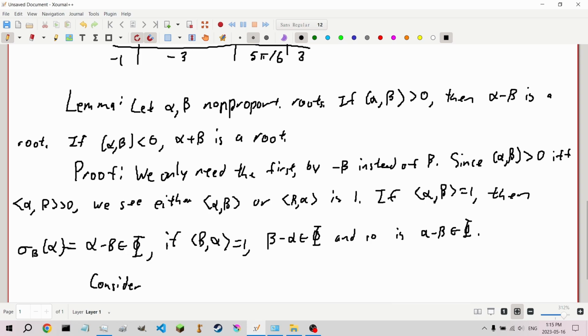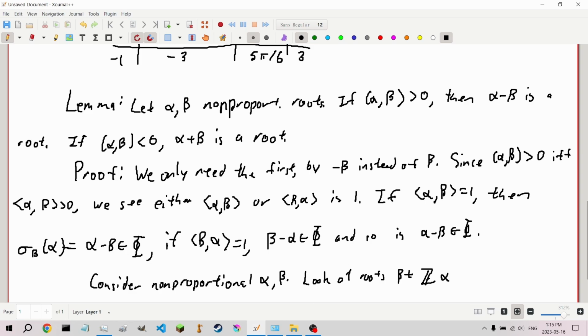Consider non-proportional roots alpha and beta. Look at roots of beta plus an integer times alpha, which as we recall is the alpha string through beta.